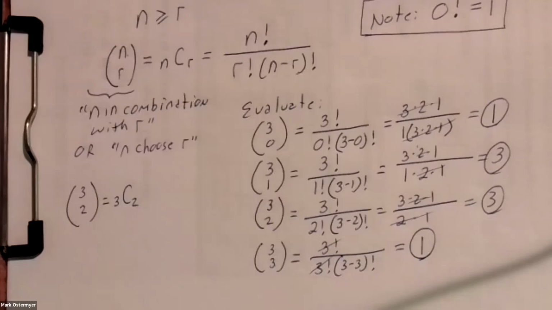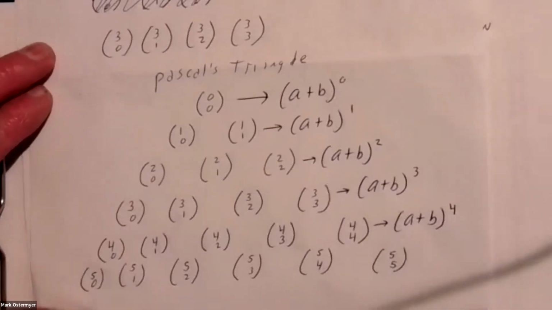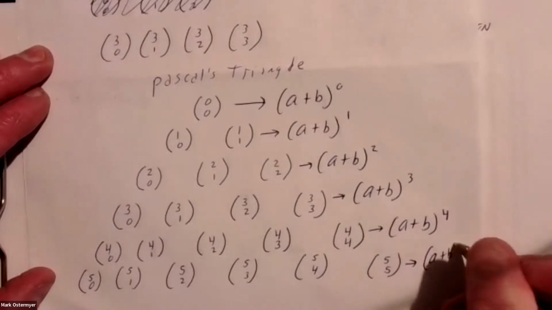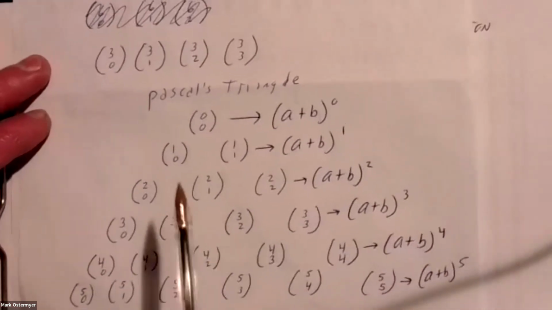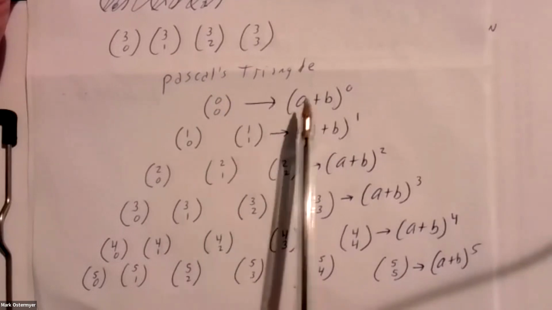Well, ladies and gentlemen, as it turns out, these combinations can be used to generate Pascal's triangle and any row of that triangle. All right, so here's how you generate the entries of Pascal's triangle. The 1 at the top is generated by 0 in combination with 0.